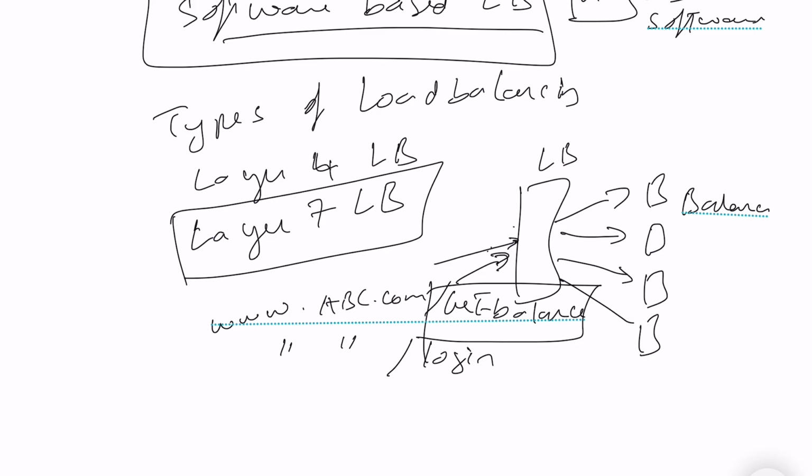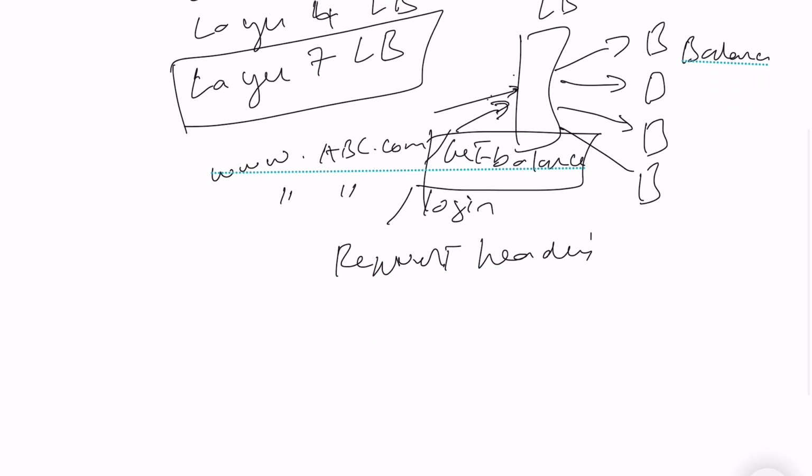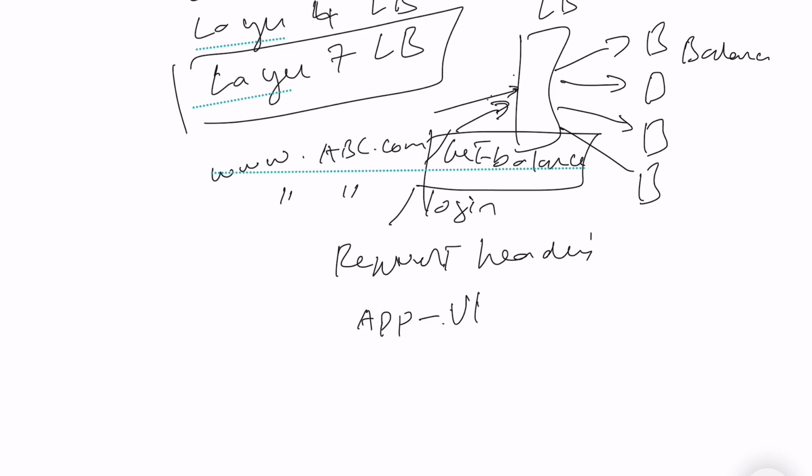And more than this, it can also read the request headers. That means in the API, if it's a JSON request and in the request header there is some identifier written, let's say the identifier is app UK.